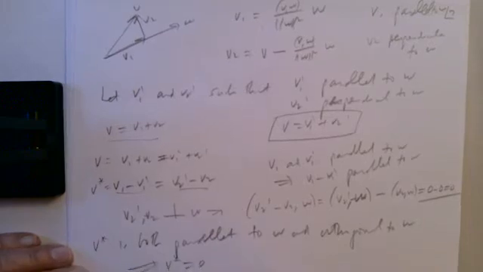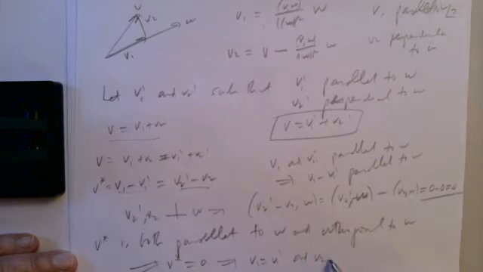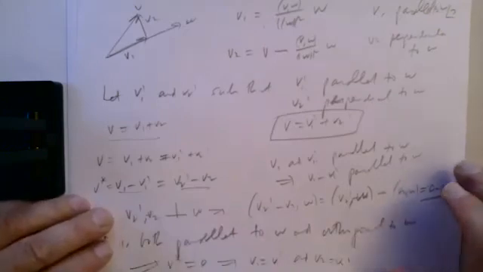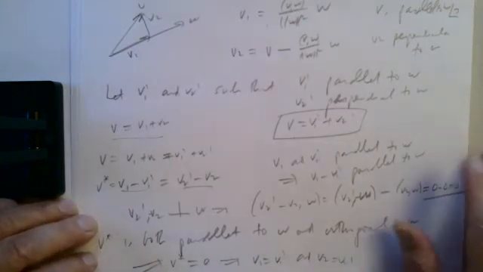That's a lemma, which I wrote down in the notes at least. So that's equal to 0, which means V1 equals V1 prime and V2 equals V2 prime. This is just telling us the interesting fact that if you decompose a vector into a piece parallel to W and another piece perpendicular to W, those components in the parallel and perpendicular directions are unique. You only can do it in one possible way.